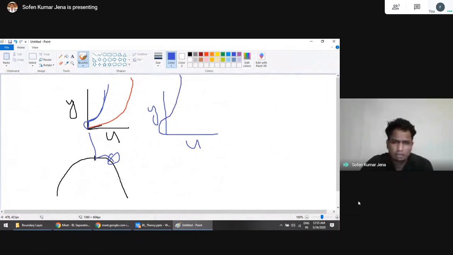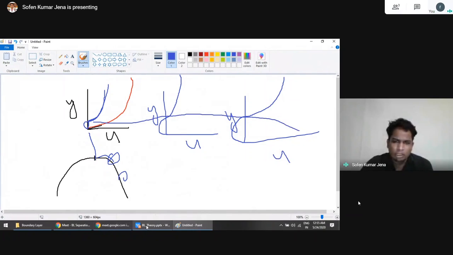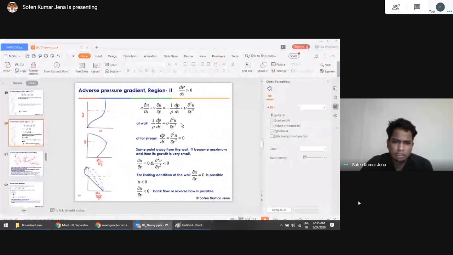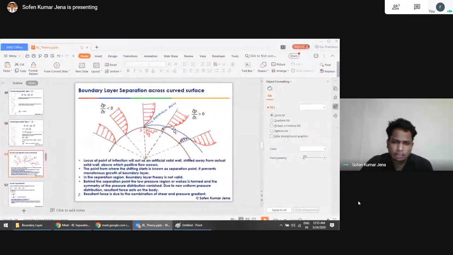If you move somewhere here, you will find u is a little more negative, meets zero at this point, and starts growing. If you connect the locus of all such points, this will give you nothing but the separation edge.